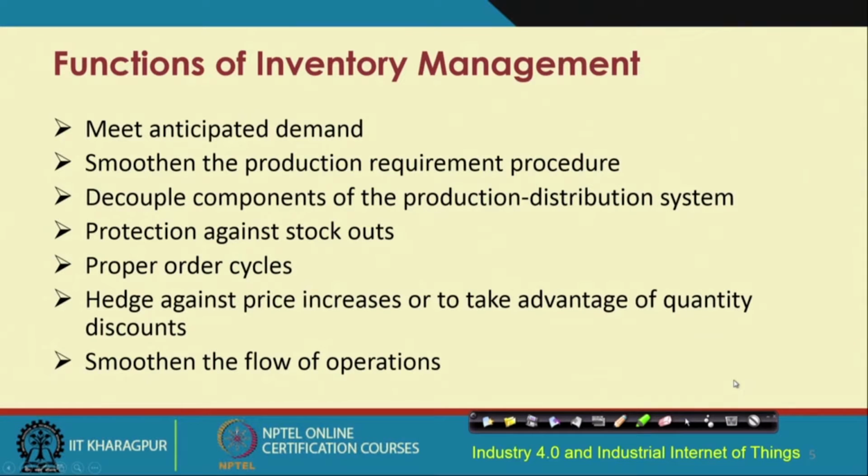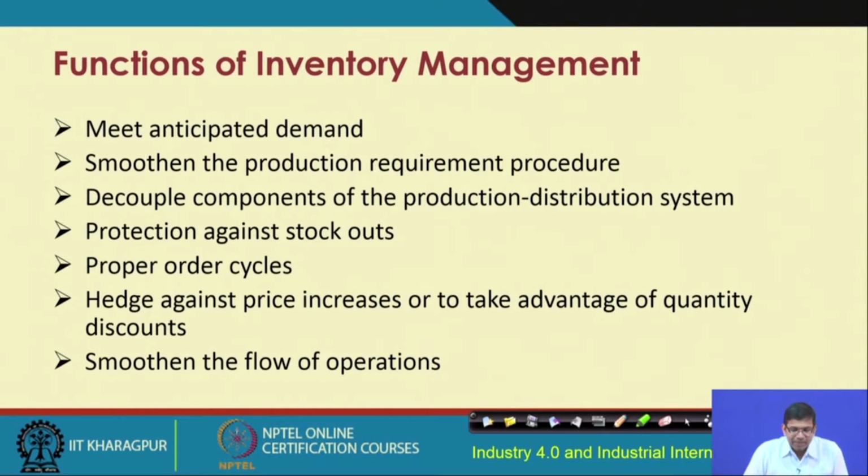So, now let us quickly go through some of the functions of inventory management. I am not going to elaborate on these because they are quite self explanatory. The first one is meeting the anticipated demand, smoothing the production requirement procedure, decoupling components of the production distribution system, protecting against stockouts, properly ordering the cycles, hedging against price increases or taking advantage of quantity discounts, smoothing the flow of operations.